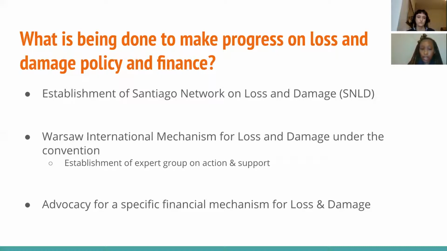Another point on what's being done is that vulnerable countries are coming together to raise their voice on the fact that addressing loss and damage should be a priority, and it's an issue completely apart from mitigation and adaptation. Because in some negotiation rooms, they may tend to mention finance for adaptation in a similar way for loss and damage.